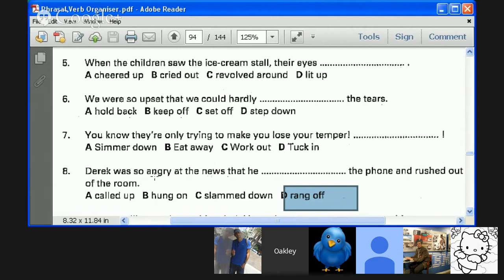But so it's not wrong. But in this case, he was so angry. I think he slammed down the phone in anger. You slam something down, you throw it down in an angry way. He slammed down his fist on the table.